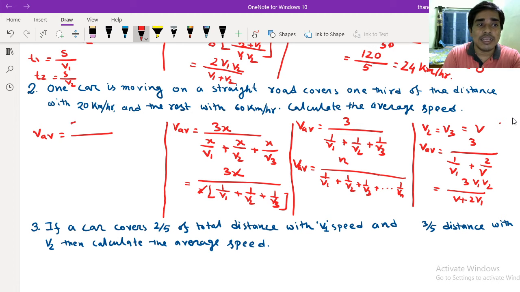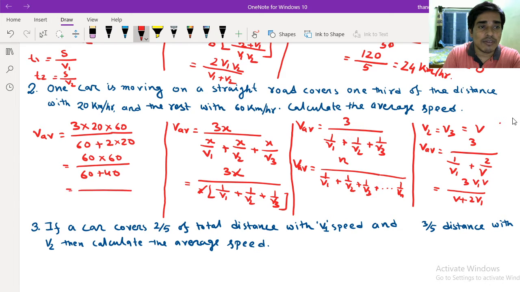Here is 3, and here V1 is 20 km per hour, and V equals 60 km per hour, not V2, there is only V. So here it will be 60 multiplied by 60 divided by 60 plus 2 into 20, that means 60 plus 40, which is 100.